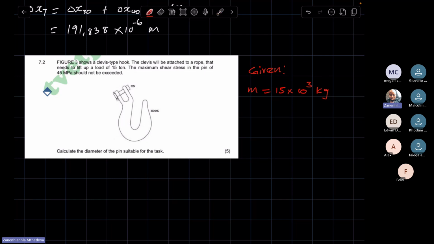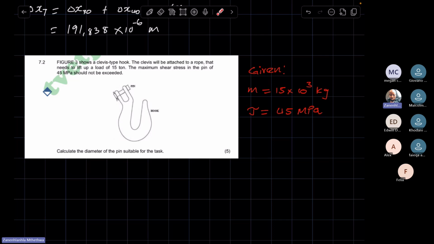The maximum shear stress in the pin, 45 megapascals, should not be exceeded. So that is what we are given. Calculate the diameter of the pin suitable for the task.